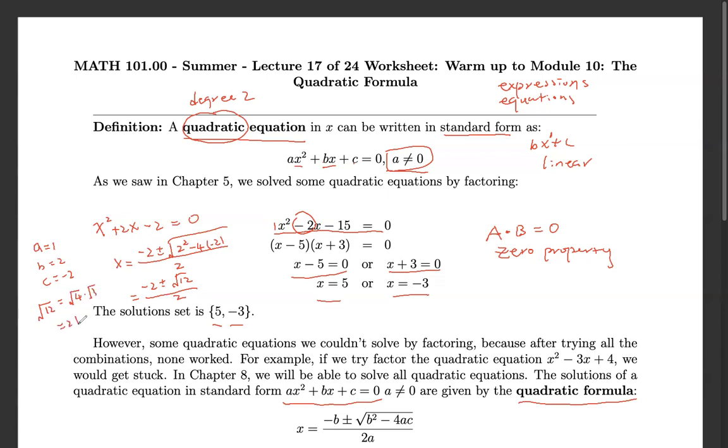That's 2 radical 3. So we can write this as -2 plus or minus 2 radical 3, divided by 2. Then we simplify. -2 divided by 2 is -1. 2 radical 3 divided by 2 is just radical 3. So we also have two solutions for this equation.